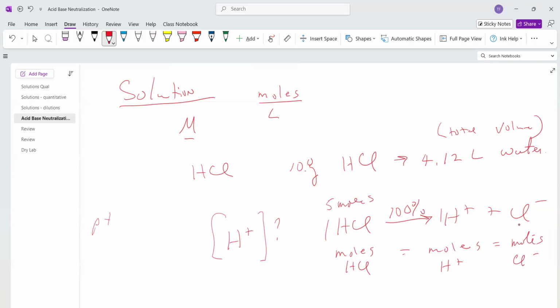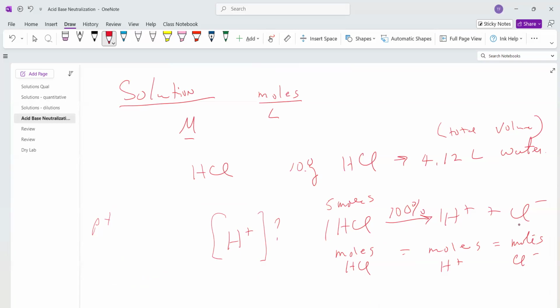How many moles of chloride do I have? 5. I start with 5, 1:1, so I have 5. How many moles of HCl do I have in the solution? 0, because it's all dissolved. There's none left. Okay, so if I start with 5 moles before I put it in the solution, once it's in the solution, it dissolves and goes away. We have H's and Cl's left.